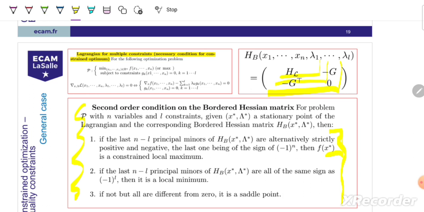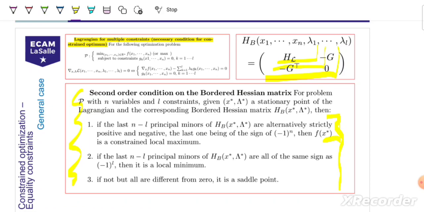I won't ask you to use this expression; we will just look at the bordered Hessian matrix when we have only one constraint. If you really need it, you will have a formula sheet or theorem that you can use. So this is it for this part.